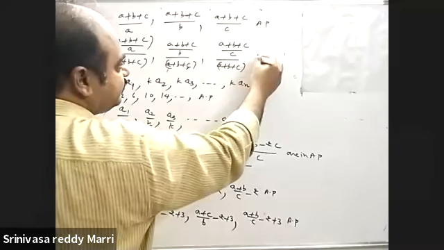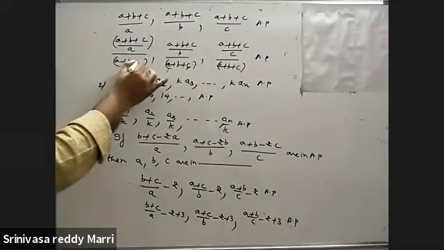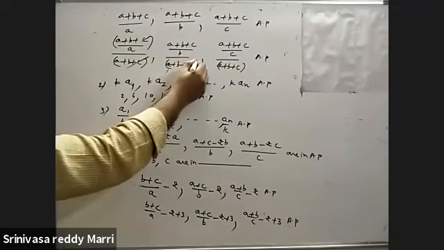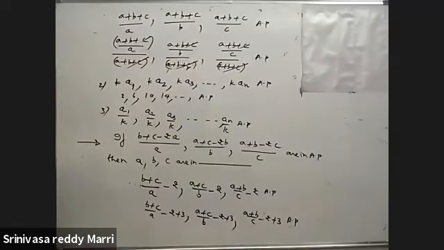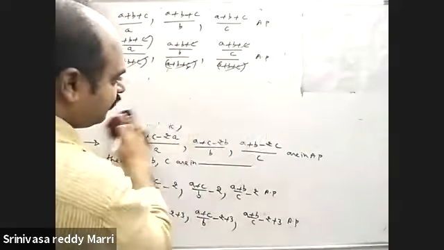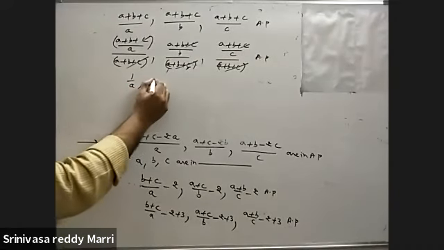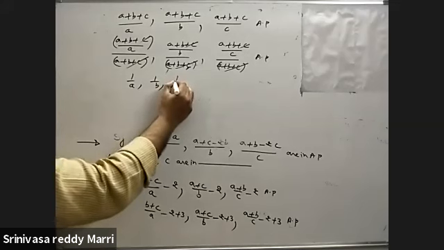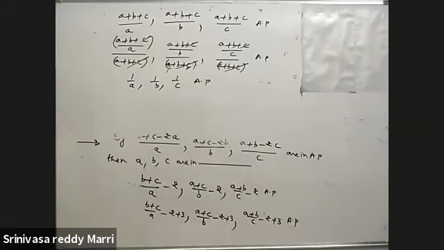If we divide with a constant, then the resulting numbers will also form an AP. Now cancel this, cancel this, cancel this. So finally you got 1 by A, 1 by B, 1 by C are in AP.